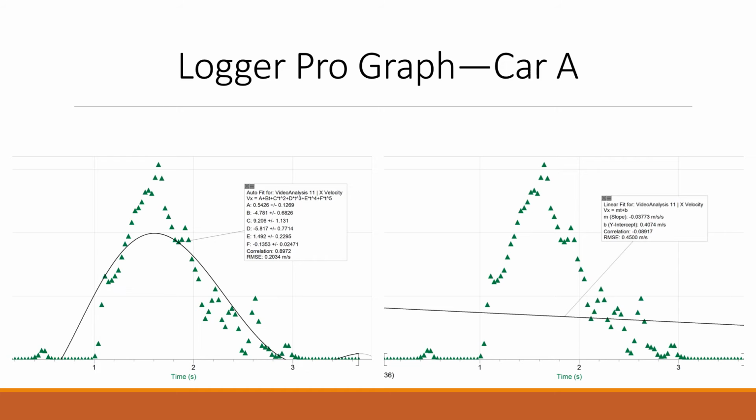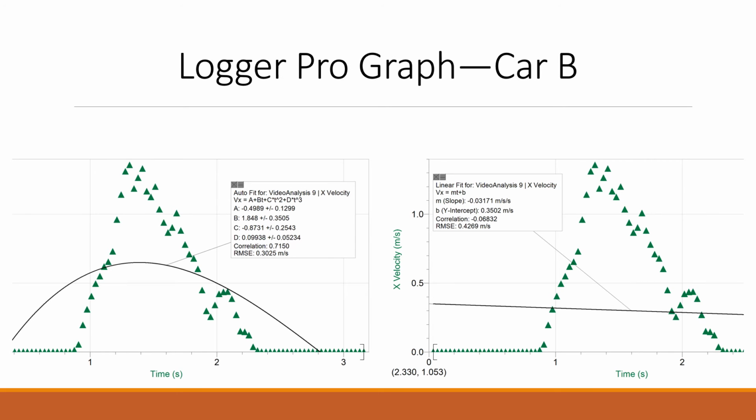For this graph on the right hand side, it's a linear fit. However, on the left hand side, I used a better curve to best fit the data points for the velocity. And as you can see, the velocity is positive as its data points are above the x-axis. This also means that the acceleration is also positive.